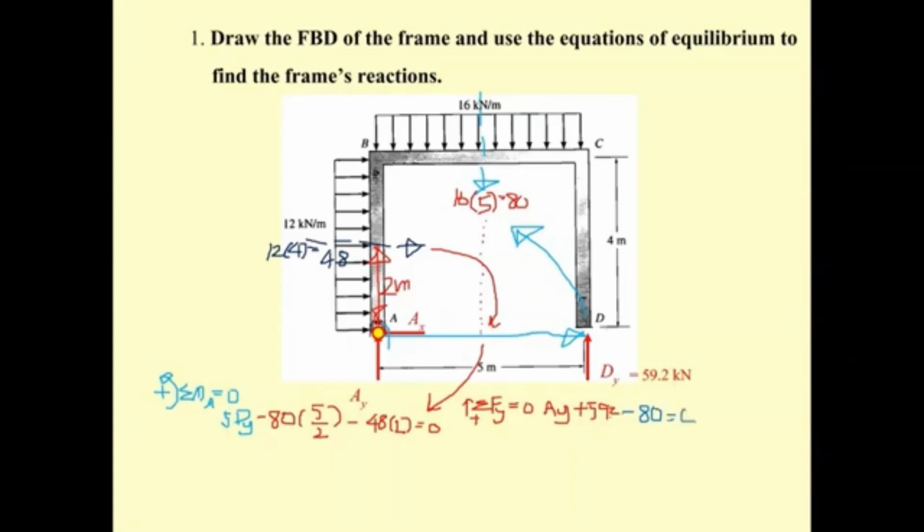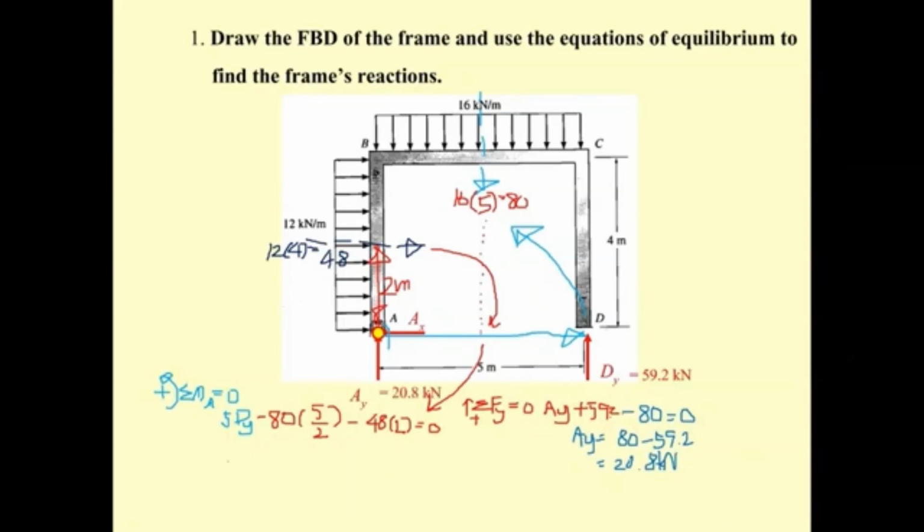The A sub y is going to be 80 minus 59.2. So you're going to get 20.8 kilonewton. So you got the A sub y here for 20.8 kilonewton.